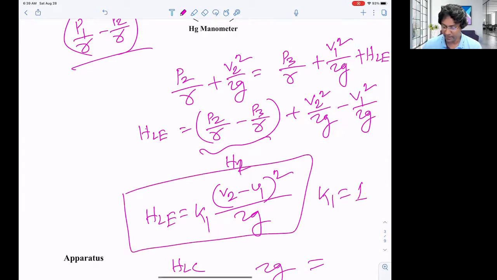See, there it is the difference between the velocity heads, but here it is the difference between the velocities between two sections, right?